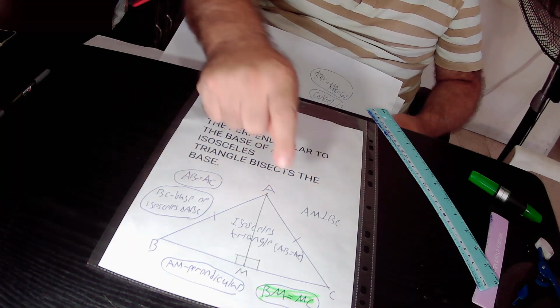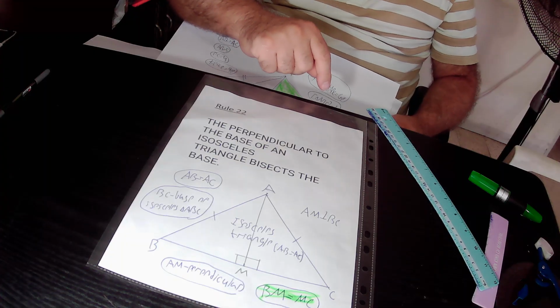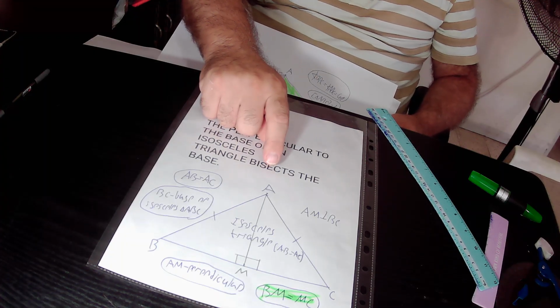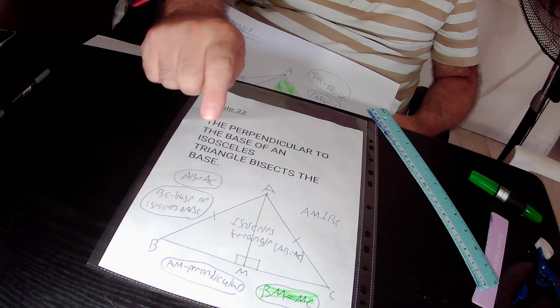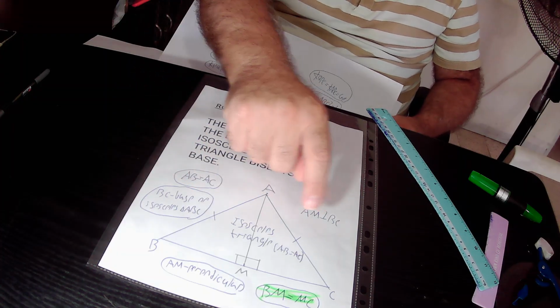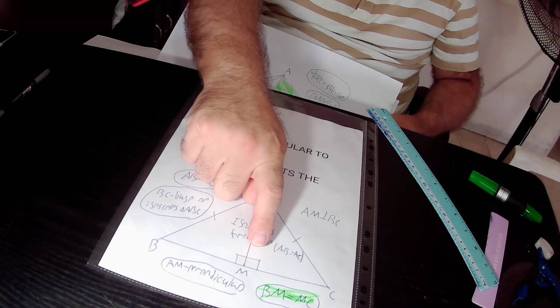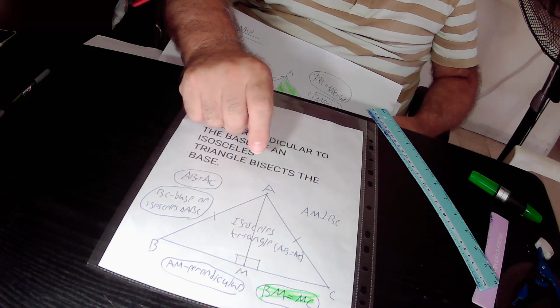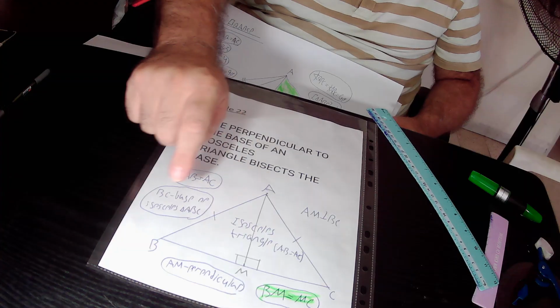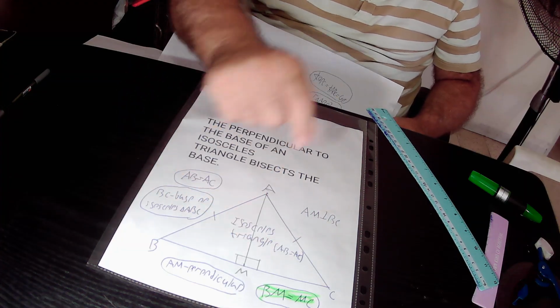BC is the base of the isosceles triangle, triangle ABC. From the vertex A, we draw perpendicular AM to the base BC. So this angle equals 90 degrees, and this angle also equals 90 degrees according to our construction. We define the touching point of the perpendicular from point A and the base BC. This point is point M.